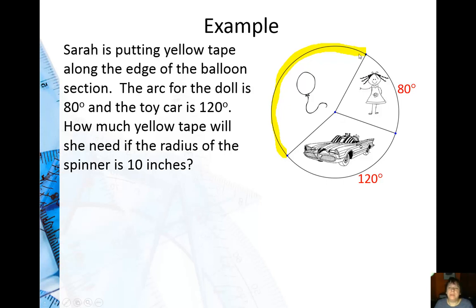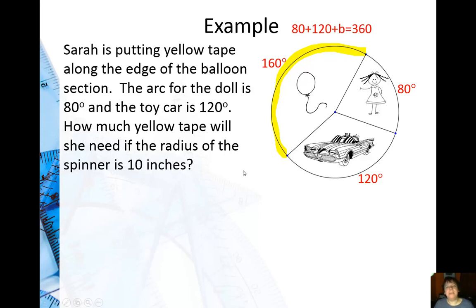Well, one thing I need to know is the measure, or the number of degrees in that arc. So I know that all three have to add up to 360. 80 plus 120 plus B is 360. Solving for B, which I won't do on here, I know you can do it well enough. 80 plus 120, that's 200. Oh, this needs to be 160 if they all add up to 360.